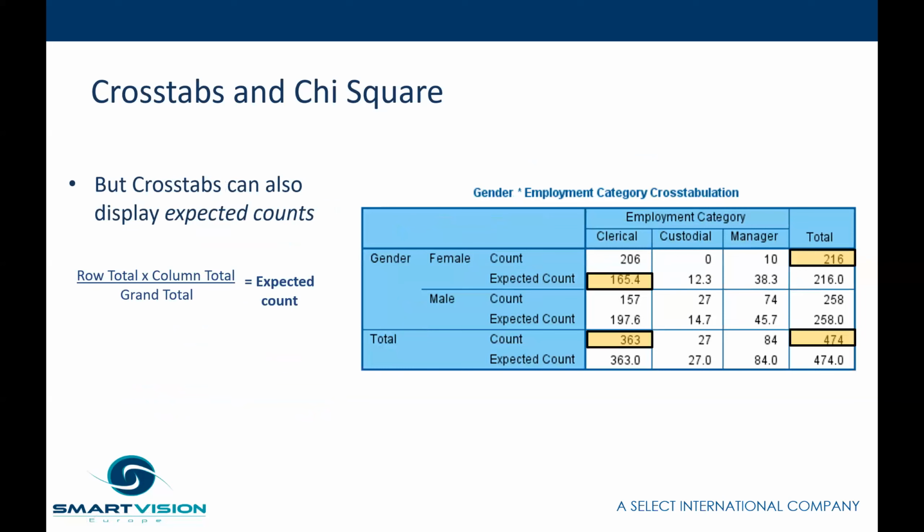But it turns out crosstabs can also display what are called expected counts, expected frequency counts. And these are worked out by taking the row total for a cell and the column total for a cell, multiplying them, and dividing by the grand total. And that will give you the expected count. In this case, it's 165.54. So it's saying, I know you got 206 female clerical workers, but if gender didn't make a difference here, we'd actually expect a few less.